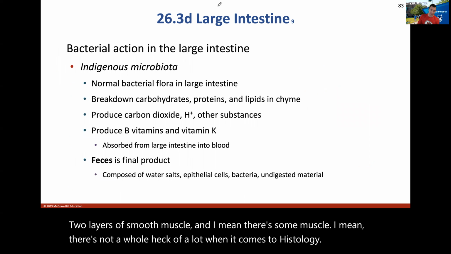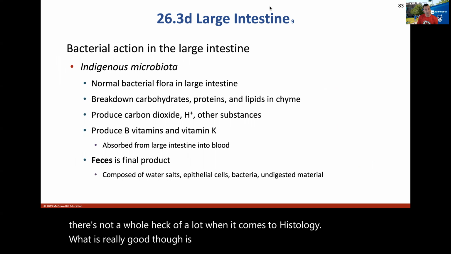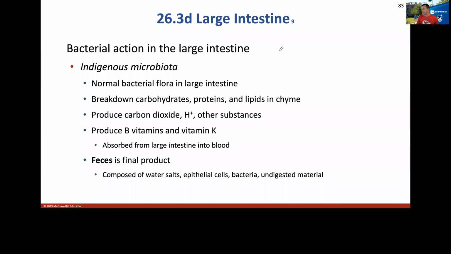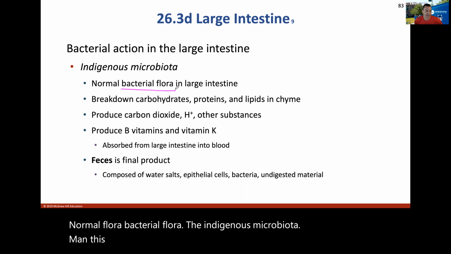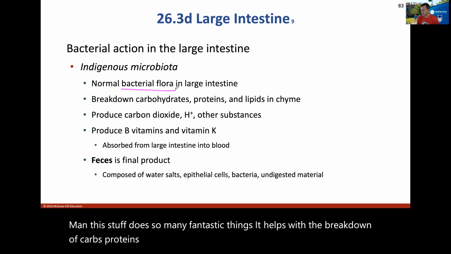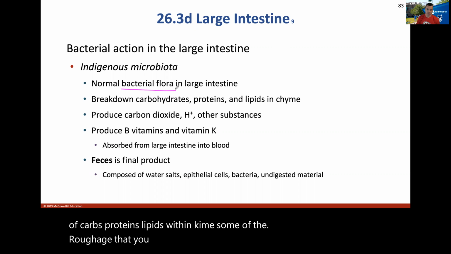What is really good, though, is the bacteria that are there. It's these bacteria that do so much. These are normal flora, the bacterial flora, the indigenous microbiota. This stuff does so many fantastic things. It helps with the breakdown of carbs, proteins, and lipids within chyme. Some of the roughage, the plant food that you eat, helps to feed these bacteria.